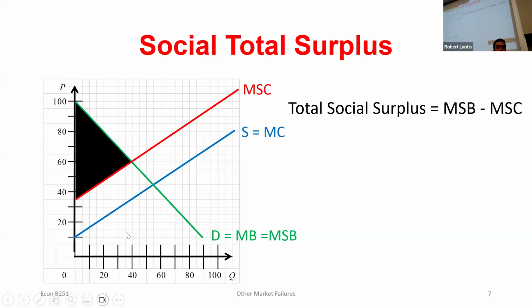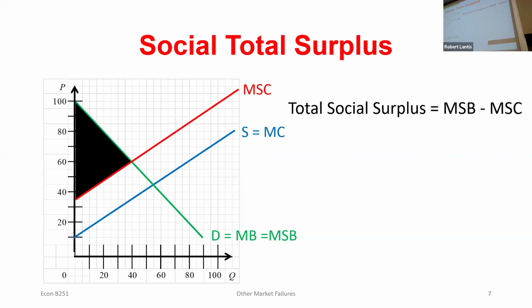Now, if we get to that socially efficient quantity, which looks like it's right about 40, right? Then the total social surplus, that difference between the marginal social benefits and marginal social cost, is represented by this black triangle, right? So if society could choose the point where total surplus is maximized, that's where it would choose, and that total surplus value would be the highest that we could possibly see.